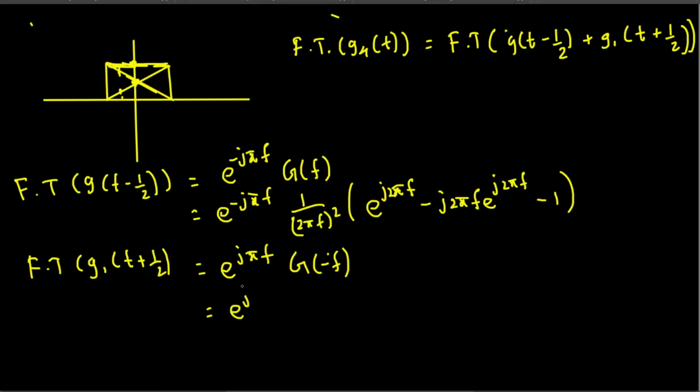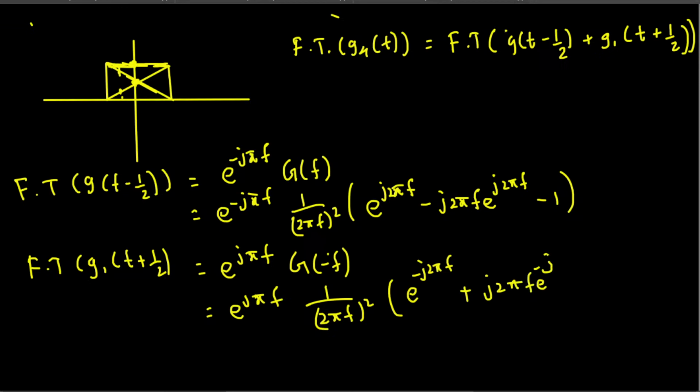So e power j pi f multiplied by (1 over 2 pi f) squared, which remains the same, and then here we had e power minus j2 pi f, plus j2 pi f e power minus j2 pi f minus 1.